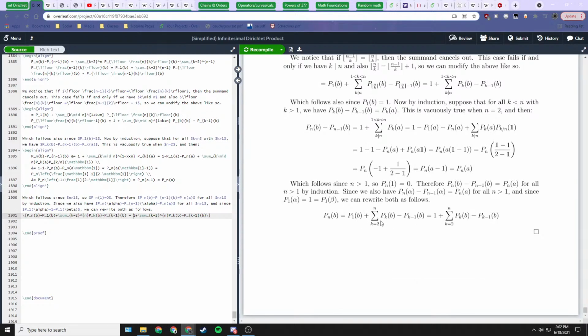We just end up with this whole summation being p sub n of b minus p sub 1 of b, and then the p sub 1 of b cancels out. And then this is just 1 plus p sub k of a, which is p sub 1 of alpha plus this whole summation with alpha instead of b, and this is just p sub n of alpha.